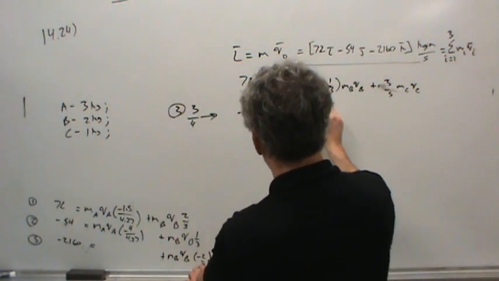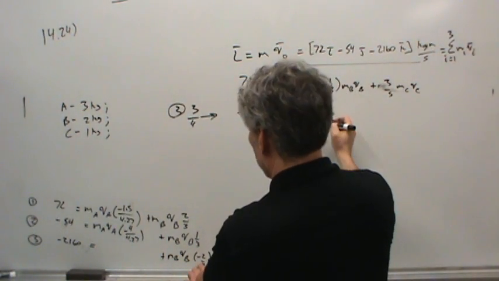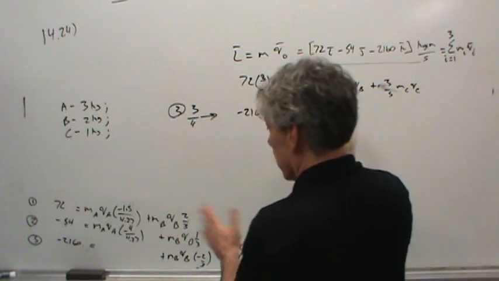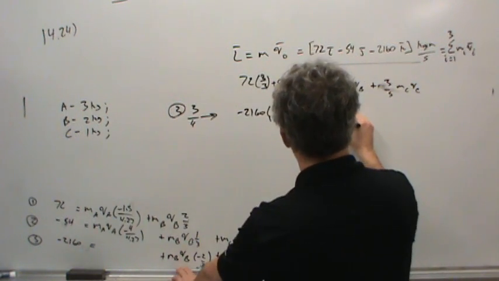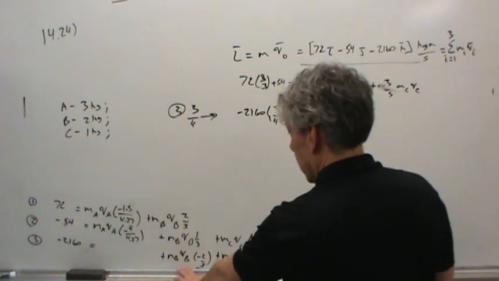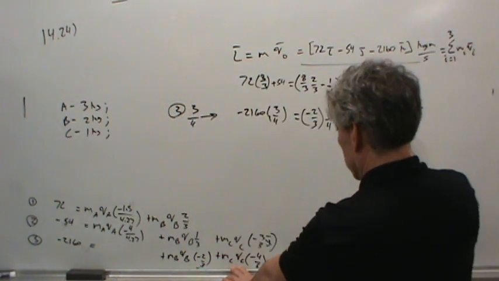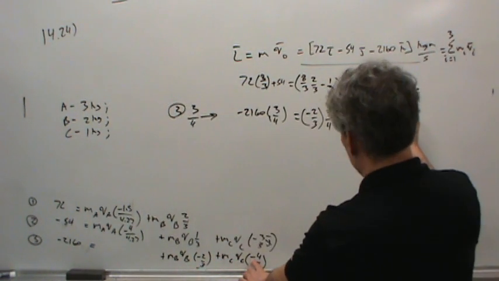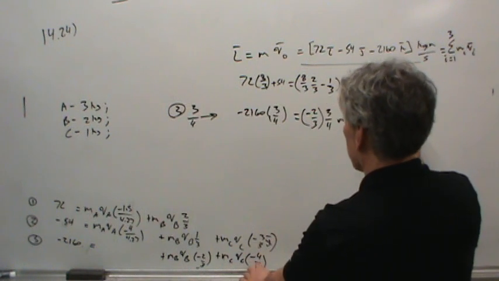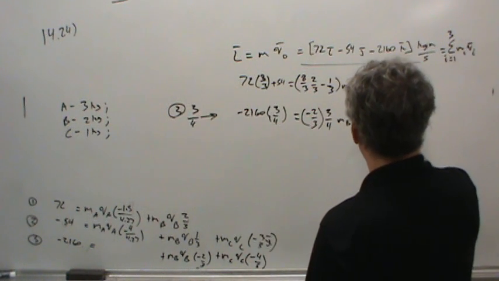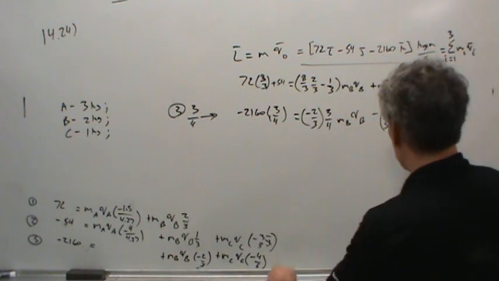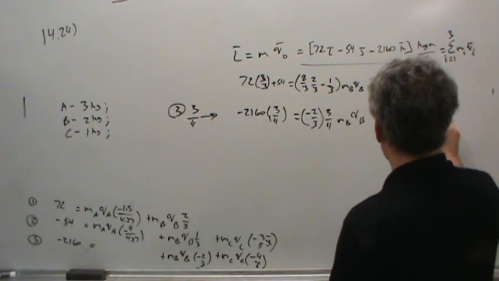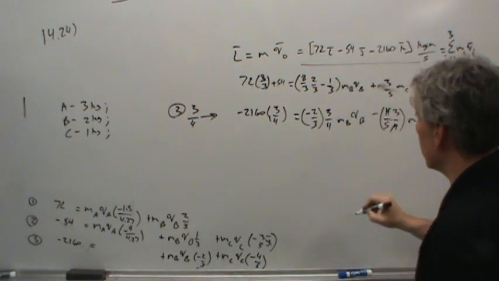So I'm just going to write negative 2/3 multiplied by 3/4, and I'll continue to simplify later, MB VB. And then over here, let's see, negative, so I'll pull it out front, 4/5 times 3/4 MC VC.